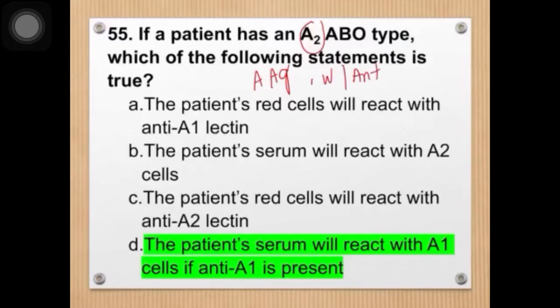So, ano po yung subgroup ng A na pwede mag-produce ng anti-A1 antibody? A2 individual. So, yung A, mali na po to. So, ang A2 po walang reaction with anti-A1 lectin or Dolichos biflorus kasi wala po siyang A1 antigen.